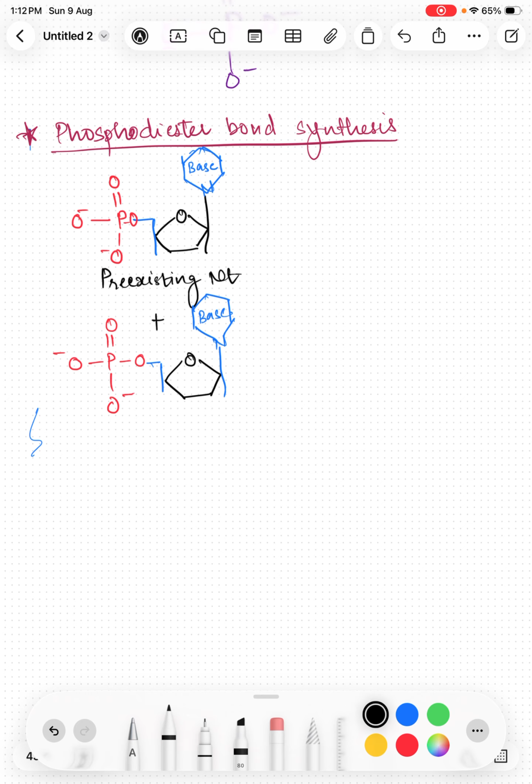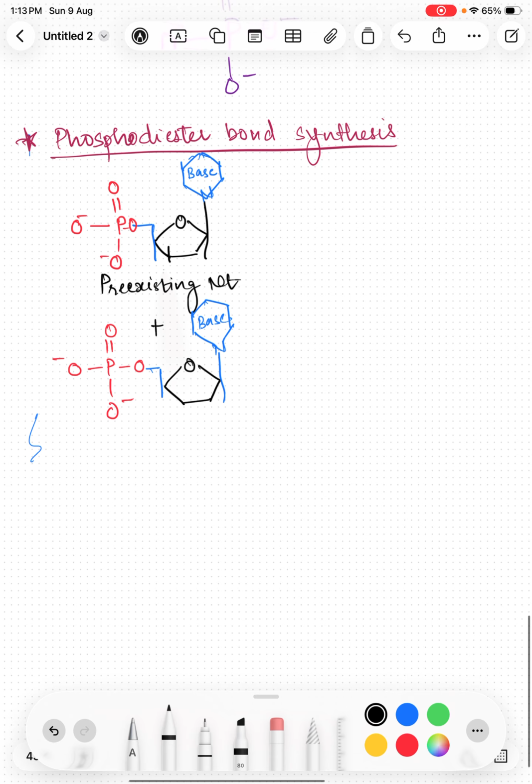Now this 3' OH group which is present in the pentose sugar will attack this phosphate of upcoming nucleotide.